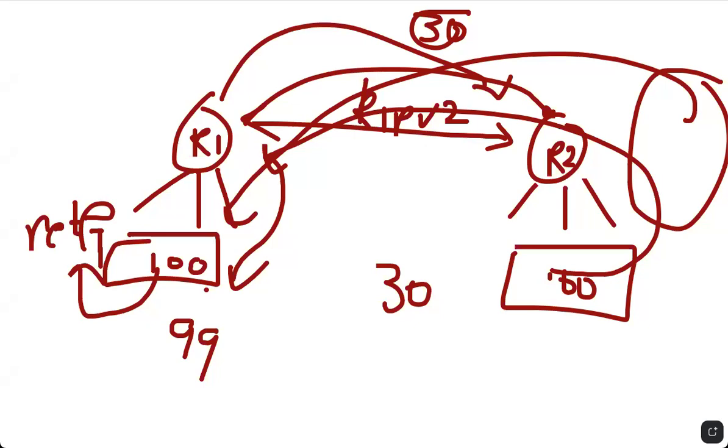Richa, what is the major disadvantage of RIP? Yes, sir. The major disadvantage of RIP is that its maximum hop count is 15, so it cannot reach beyond that. So it can be used only for smaller networks.